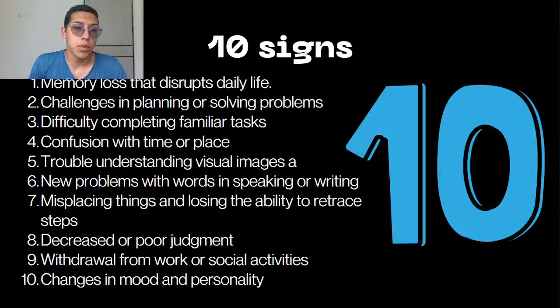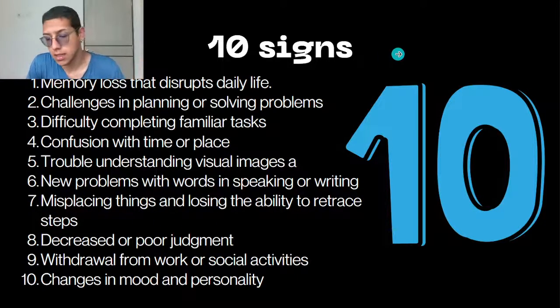The fourth one is confusion with time or place. As I said, these people can disconnect from reality and have no sense of time or dimension or space. Five, trouble understanding visual images. The six, new problems with words in speaking or writing.